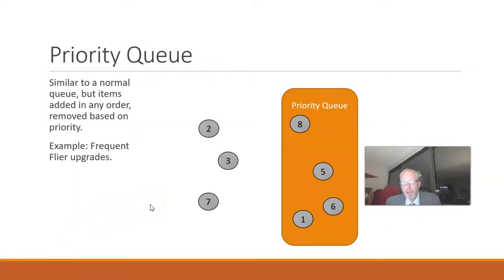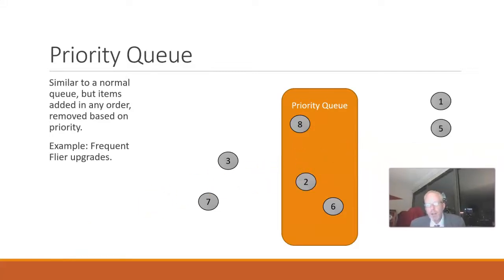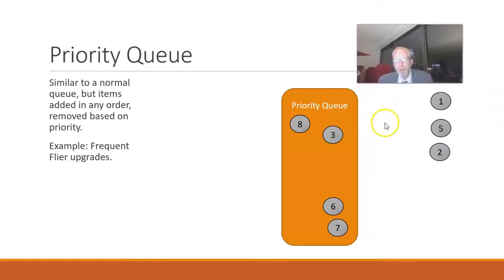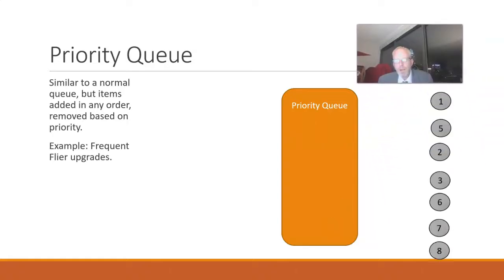So with a priority queue, items don't necessarily leave the queue in the order in which they were added, but they leave the queue in a priority relative to other items on the queue. And you see that a priority queue will typically take the lowest number first if we're using numbers for comparison.